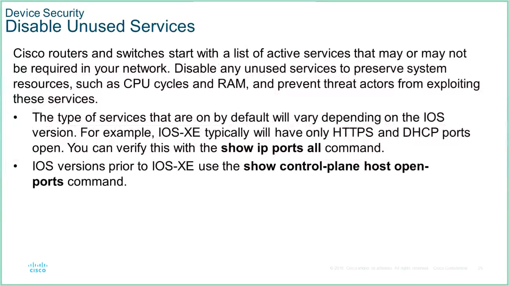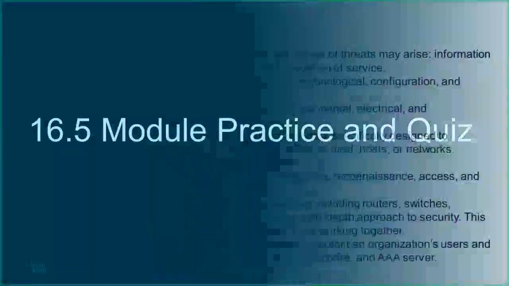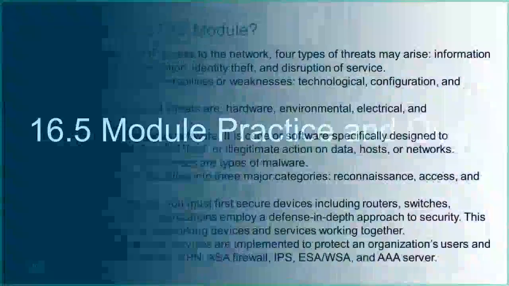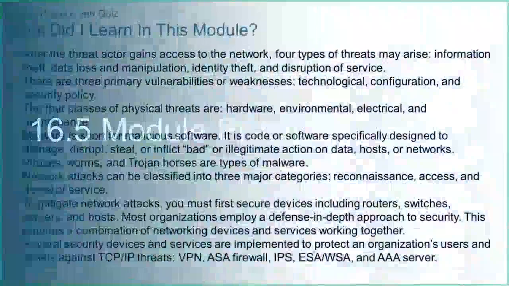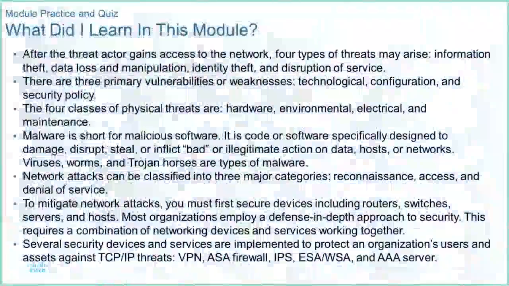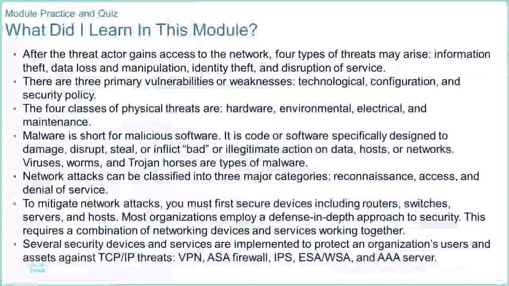So in summary, we had a look at what threats were, being theft of data, information, manipulation, identity, and denial of service. And we had a look at the physical threats, whether they were hardware, environmental, electrical, and maintenance.